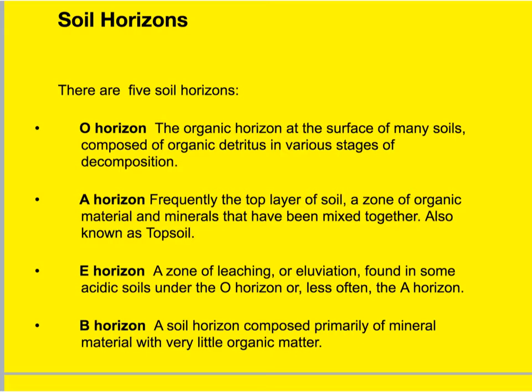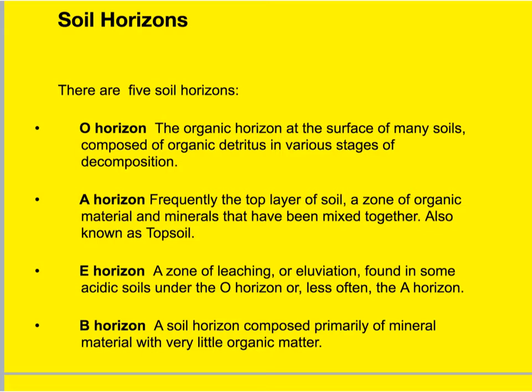From the top down, we have the O horizon, which is the organic matter at the very surface. It's comprised of a lot of organic detritus, and it's got various stages of decomposition going on. And then the A horizon is frequently the top layer of soil, and it's a zone where the organic material and the minerals have been mixed together real evenly.